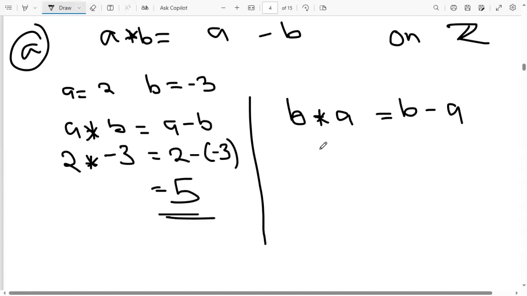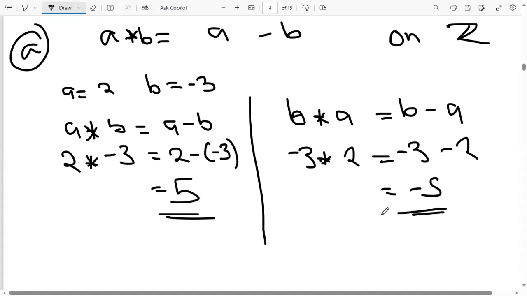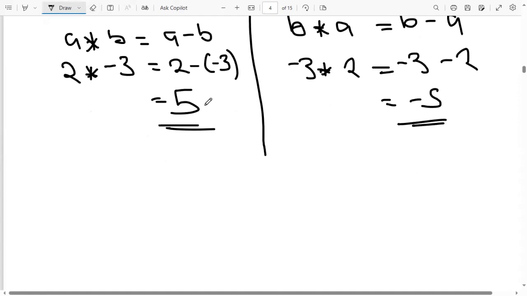What about this one? Here it is minus 3 star 2, so this will give us minus 3 minus 2, which will be minus 5. So here we've seen that A star B is 5 and B star A is minus 5.